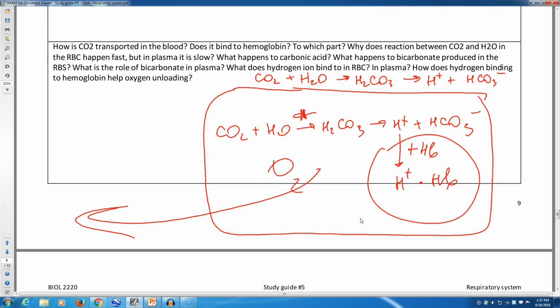Does that make sense? So this hydrogen binding helps hemoglobin to unload oxygen. It shifts the equilibrium of this reaction to the right. Does that make sense? Because hemoglobin goes here.